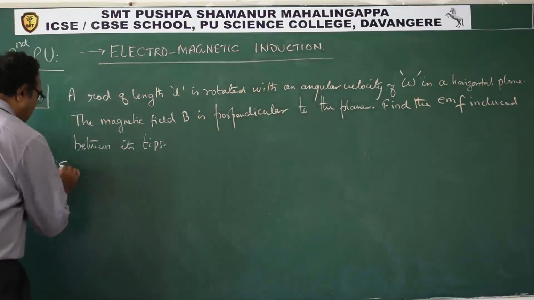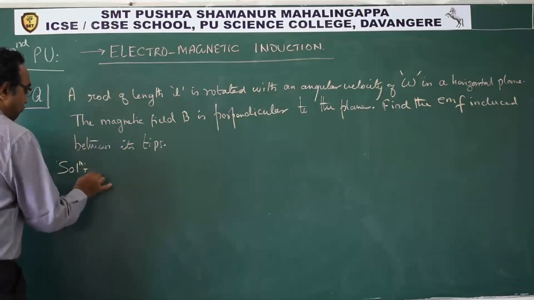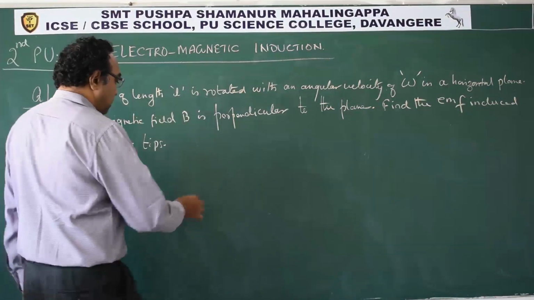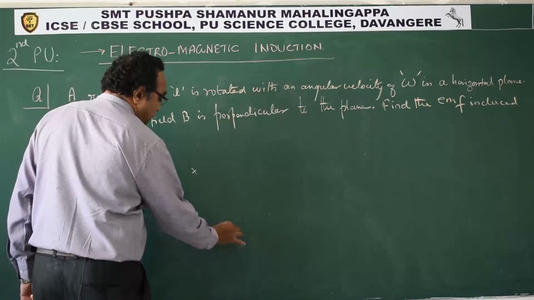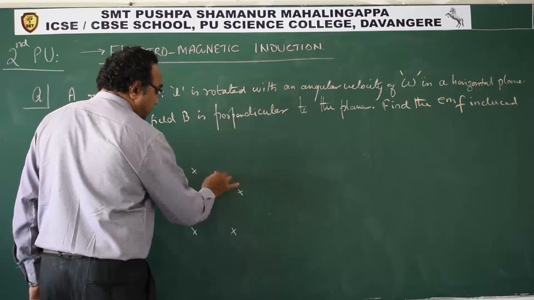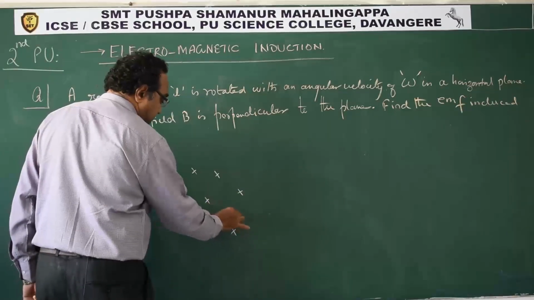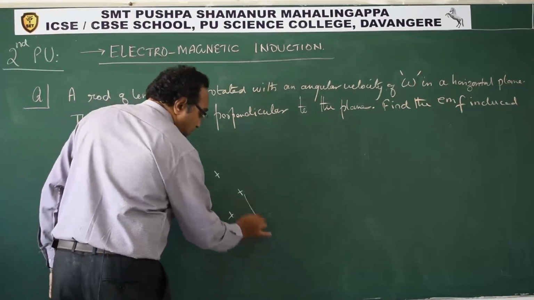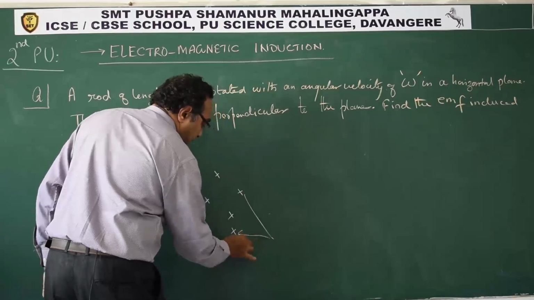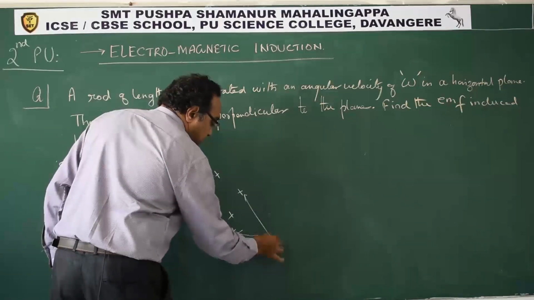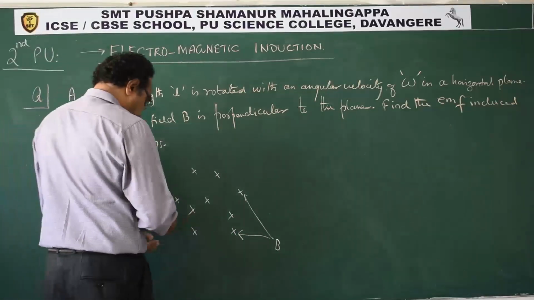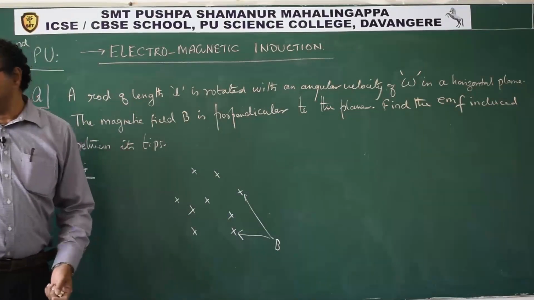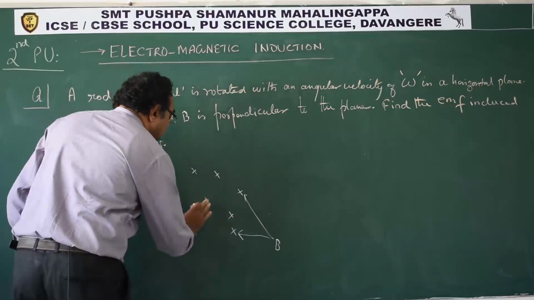Well, let us visualize this particular question. First of all, it says the magnetic field is perpendicular to the plane. So let us say these represent the magnetic field B, perpendicular to the plane. Now it says a rod of length L is placed.